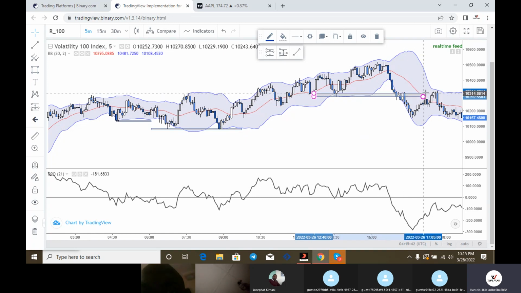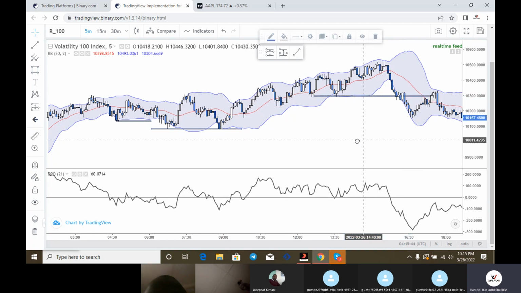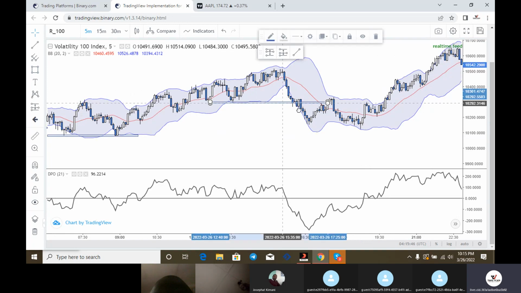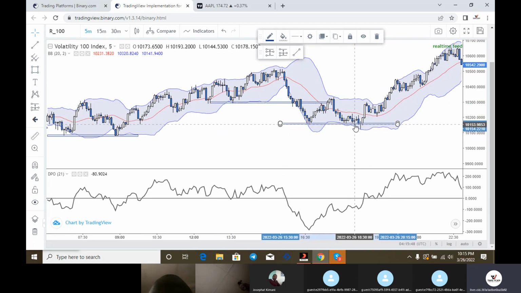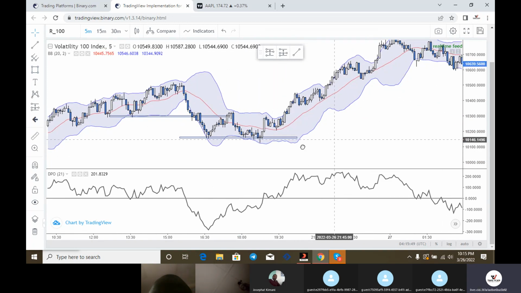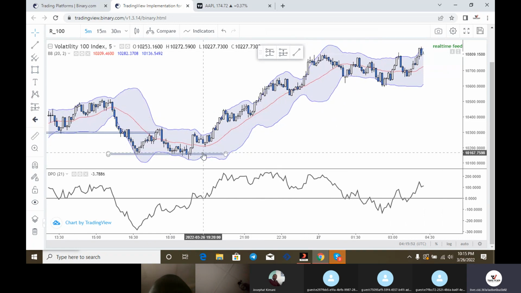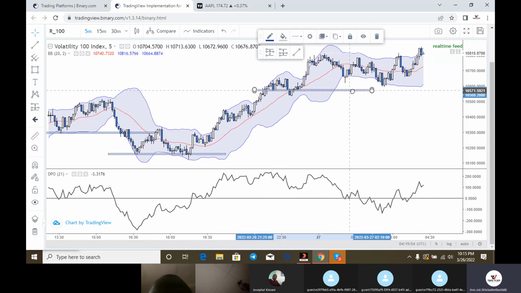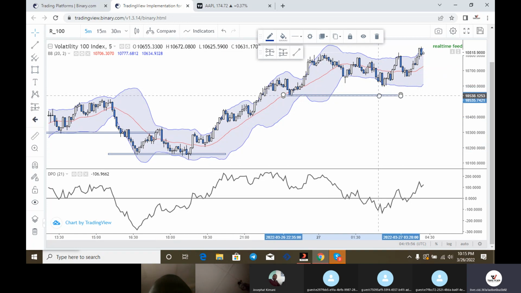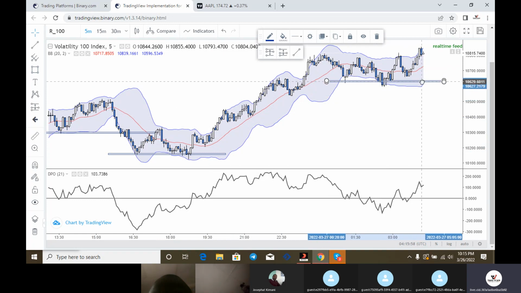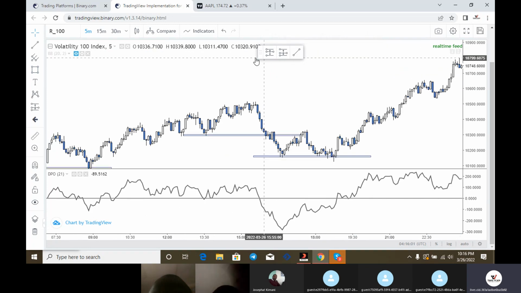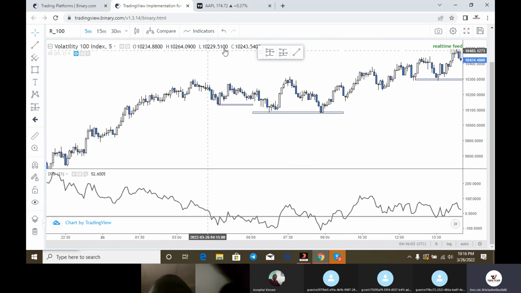It's really exciting. So see this level. Sometimes you can mark the middle if it's very obvious, but okay, see this level. Now let's switch off our Bollinger Band. Now take a look at this level.